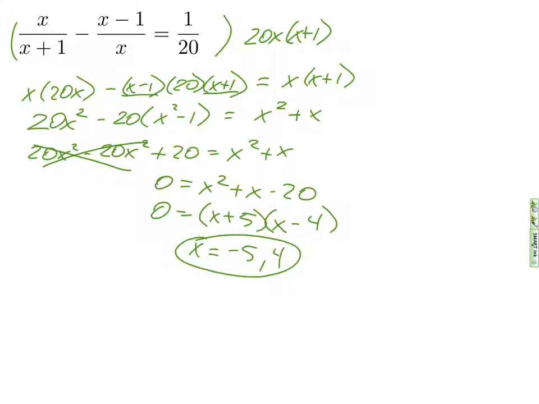Make sure your common denominator does what? Cancels out all the denominators. Good, Christian. Okay? Then you are multiplying and solving. And Bobby, what do we always do with our answers? Alright, make sure my answers don't get to 0. If they do, 0's in the denominator. If they do, then we don't like them. We cross them out. Good.